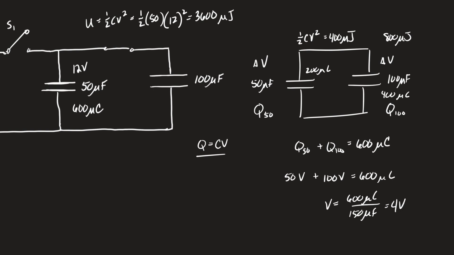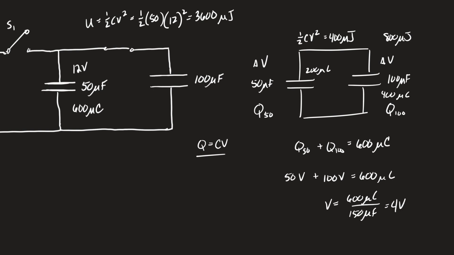It took energy to redistribute those charges, to charge up the other capacitor. So moving those charges around took some energy. All good so far? Because we're not done. I think we've got done with part A. Are you ready for part B?